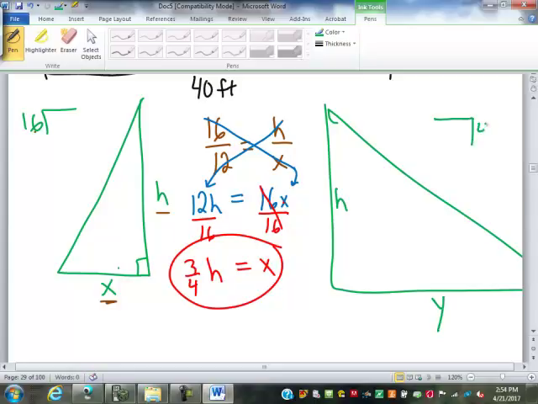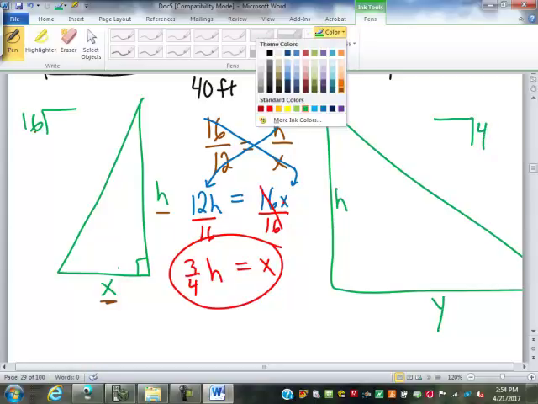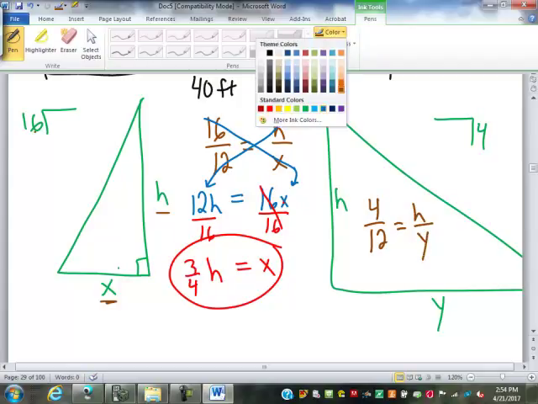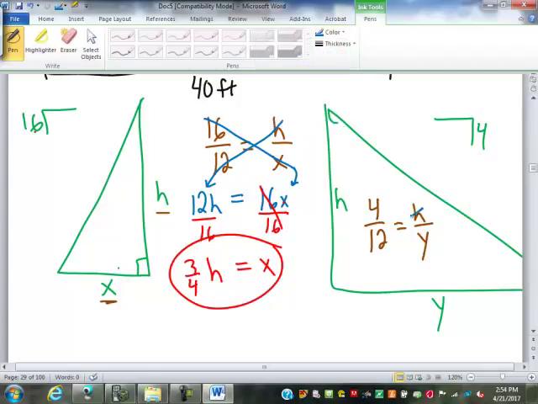And the slope here is 4-12. Well, we know here that 4-12 slope has to equal the vertical, the rise is h, and the run is y. So just like we did over here, we're going to cross multiply. h times 12 is 12h. 4 times y is 4y, and those have to be equal.